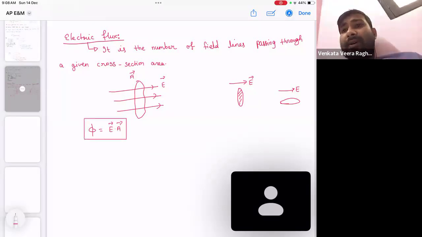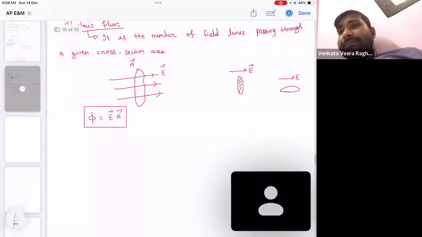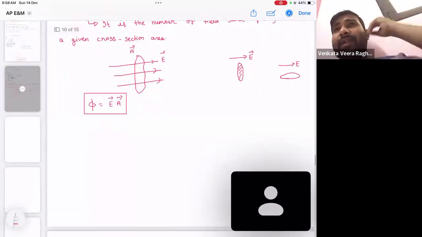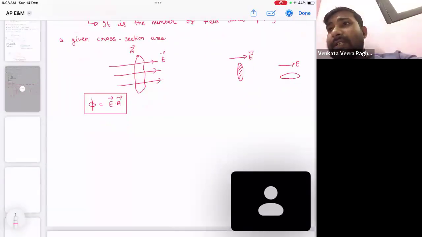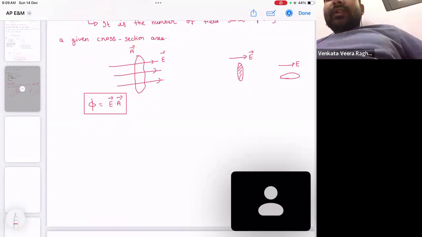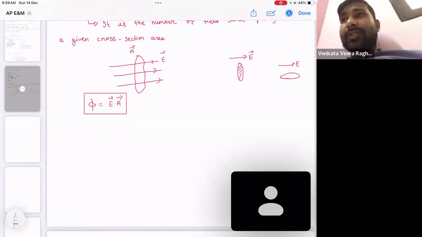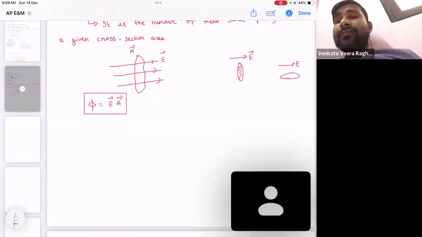Now you will say, sir, this is the dot product, how do we take the dot product? So let me give you some idea about the dot product. Are you clear about the dot product, or should we discuss? Because in the vector chapter we discussed only the addition, subtraction, and component thing. So should I discuss a little bit quickly about the dot product, or are you aware of it? Then we can go directly with the questions. No, sir. We know, sir.